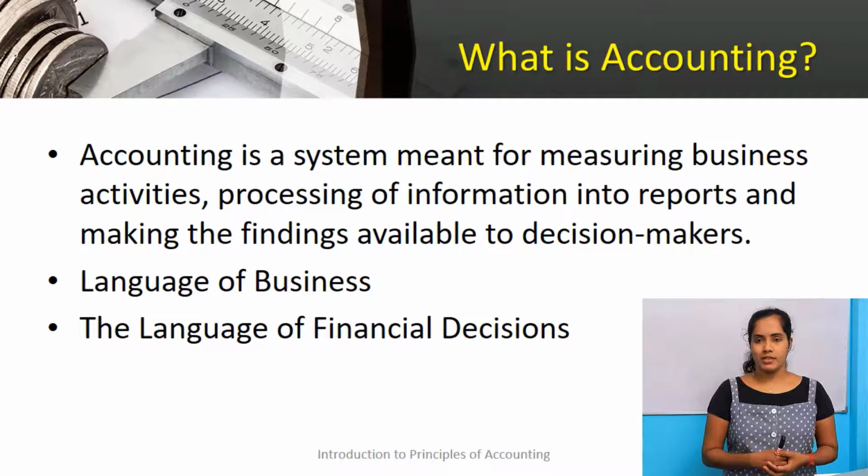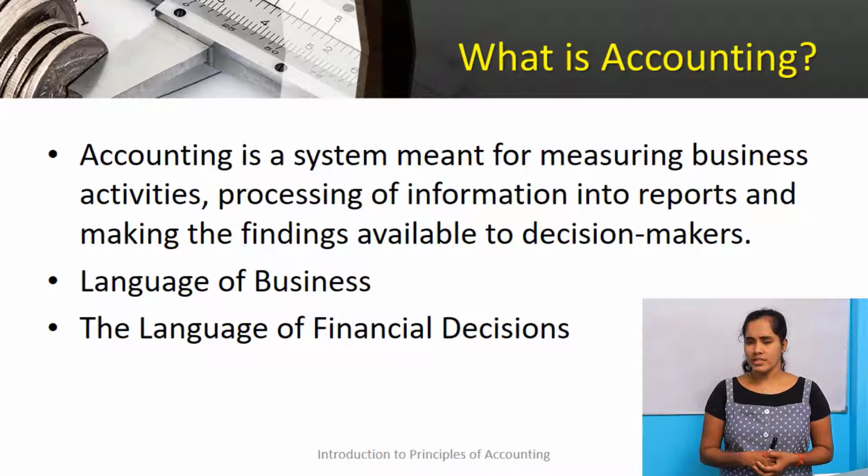The next one is the language of financial decisions. Why do we say accounting is a language of financial decisions? The term financial means accounting provides financial information more than qualitative aspects.